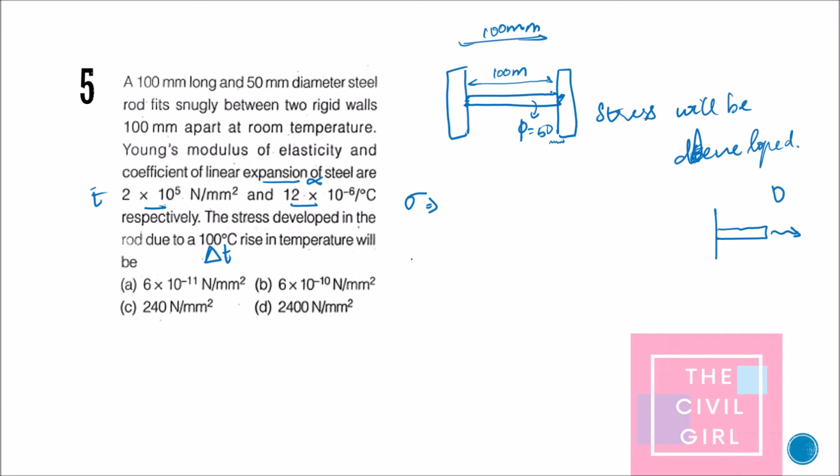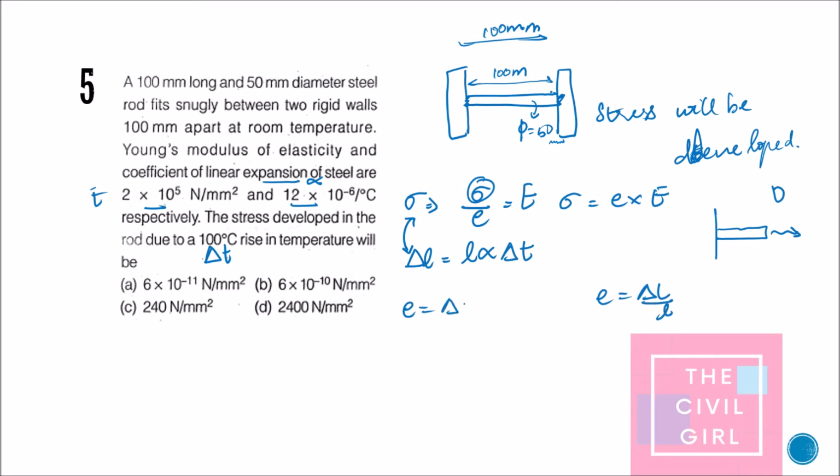Know that the change in length due to the temperature rise, delta L, is equal to L alpha into delta T. We know stress by strain is equal to modulus of elasticity. So from this, stress is equal to strain into modulus of elasticity. What is strain again? Strain is equal to delta L by L. Then delta L is equal to L alpha delta T. So L alpha delta T divided by L. So L gets cancelled.